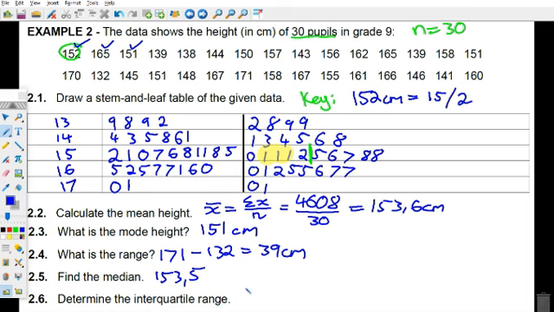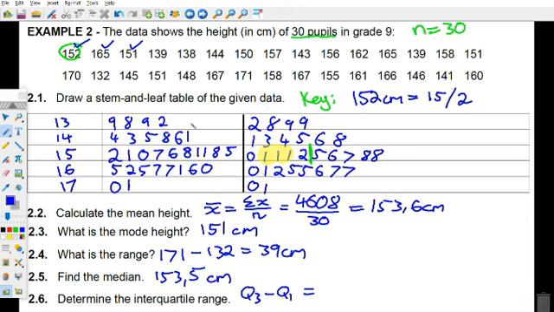Determine the interquartile range. Interquartile range, highest quartile minus the lowest quartile. Okay. So, quartile 3 minus quartile 1. Okay, so quartile 3 is what? There's going to be 15 on the left and there's 15 on the right. Which number are we looking for on the left to find the interquartile range? We're looking for the 8th one because then that'll split 15 into 7 and 7.